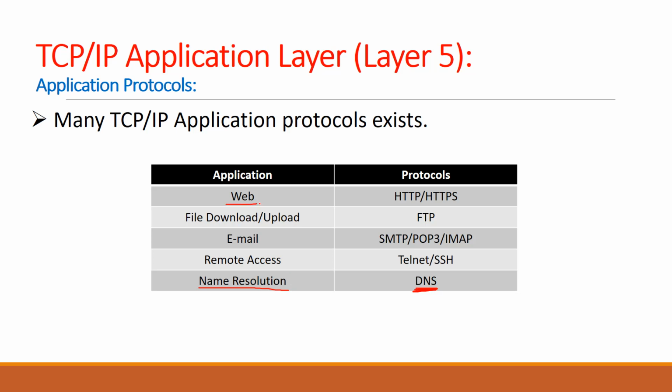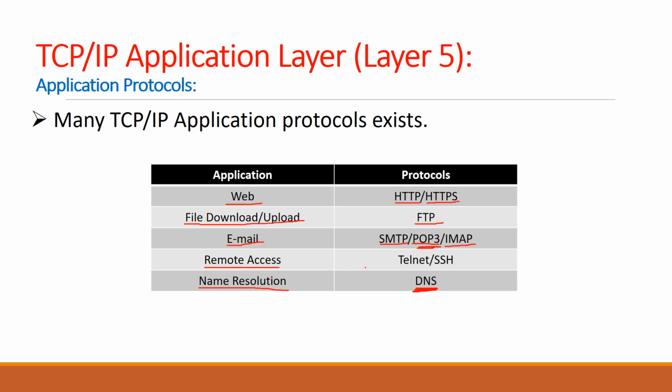So as we mentioned, the web uses HTTP, or for added security, we use HTTPS. If you are going to download or upload a file, you use File Transfer Protocol. If you are going to send or retrieve an email, you use SMTP or POP3 respectively. And IMAP is another protocol that is used for retrieving mail as well as POP3, but it uses a different mechanism.